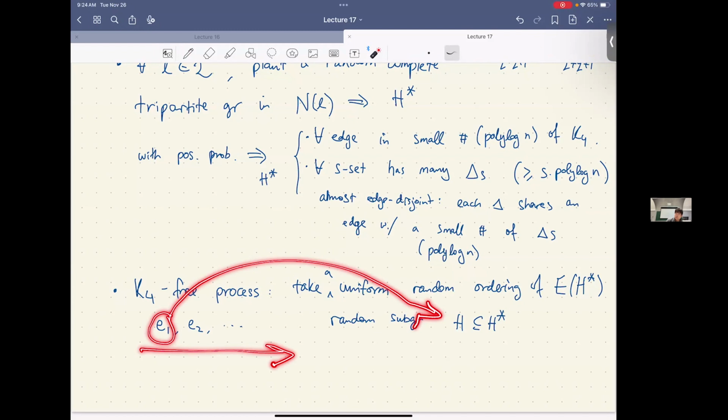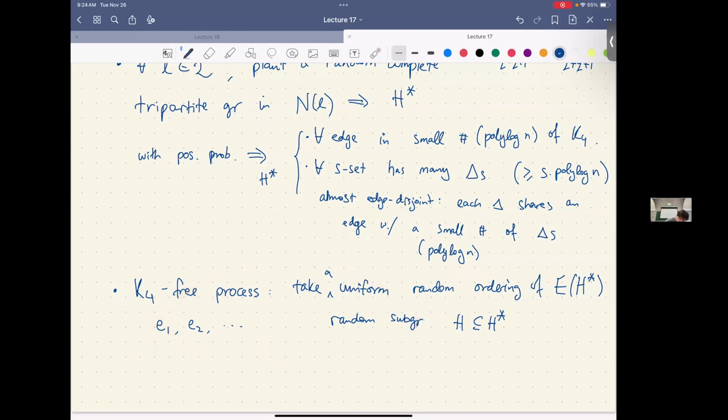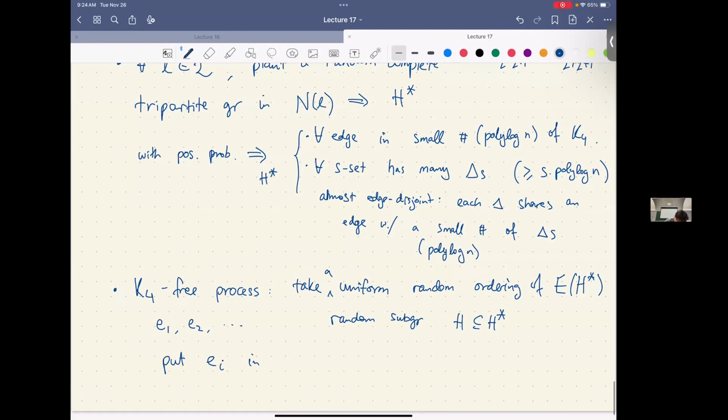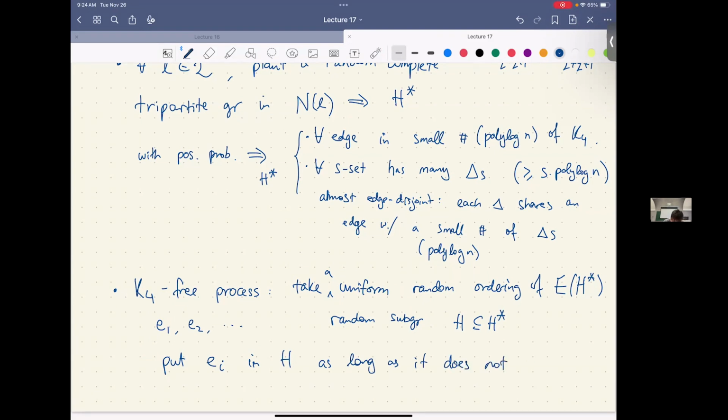That's it. So what's the bad case? Put Ei in H as long as it does not create a copy of K4.